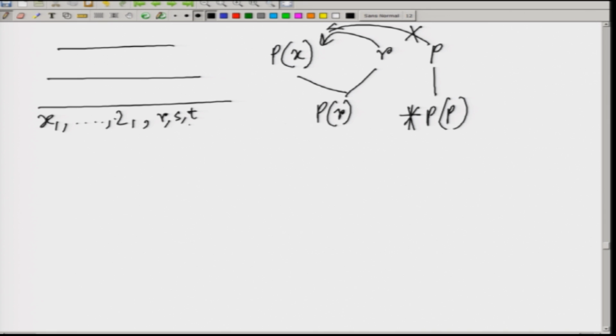Then we have x 2 through z 2, and then you have P philosopher, man, woman, and you have x 3.